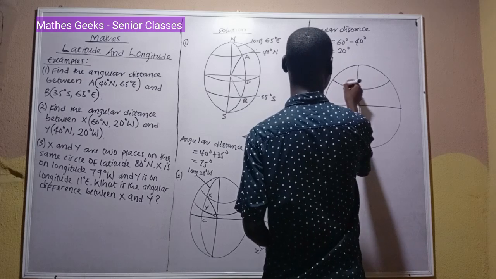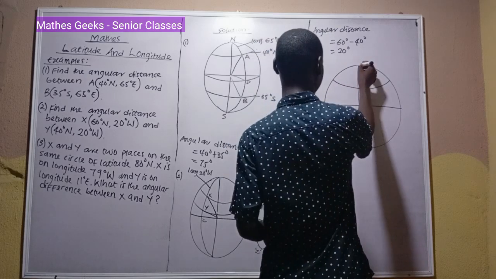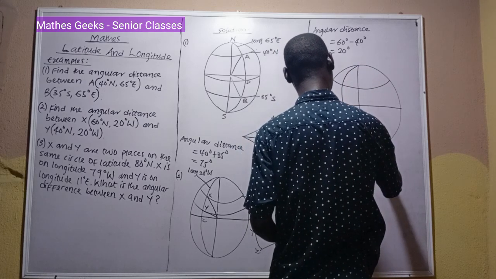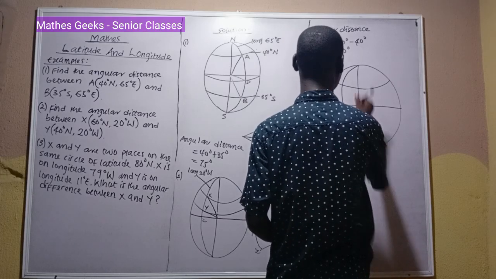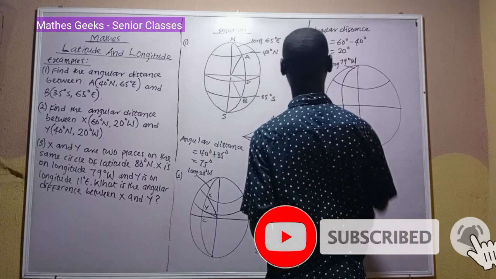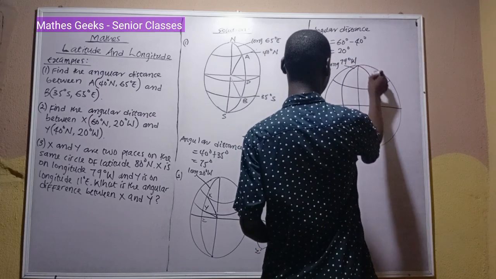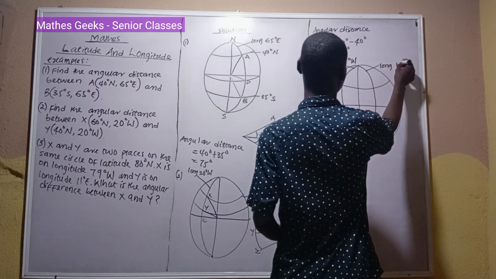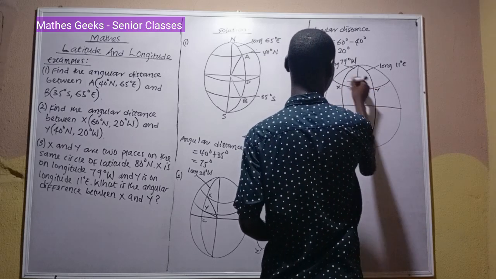Now X is on longitude 79 degrees west, and Y is on longitude 11 degrees east. So this is X and this is Y.